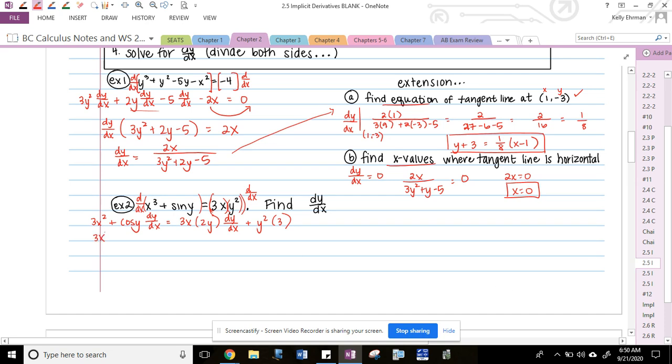It's probably a good idea to clean this up a little bit before we start collecting things. So let's make this 6xy dy/dx plus 3y squared. So we want our dy/dx's on the left. It doesn't have to be the left side, by the way. It's just that's usually easier to look at.